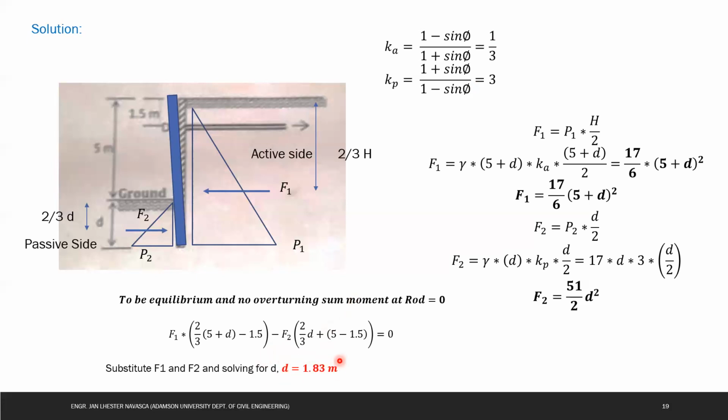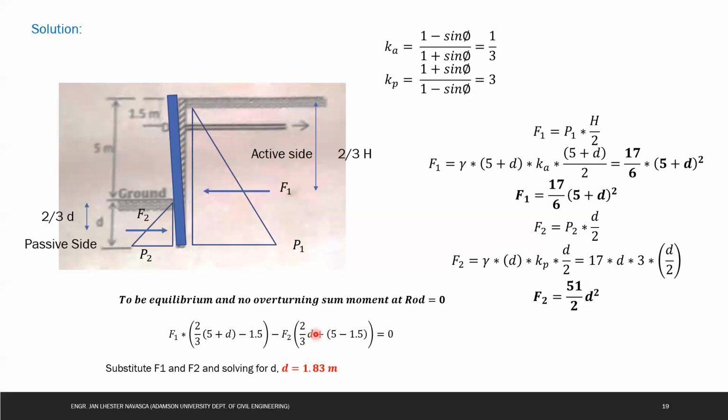So solving for the value of D, you have 1.83 meters. So to get closer when you solve, you put in the F sub 1 and F sub 2. When you use shift solve, it asks for the value of x. So you enter a value of x, let's say 1 meter.